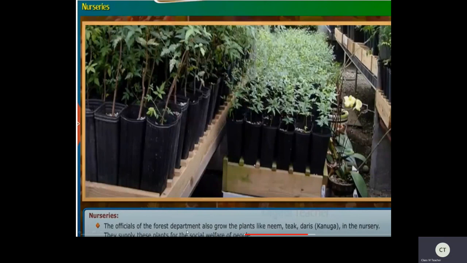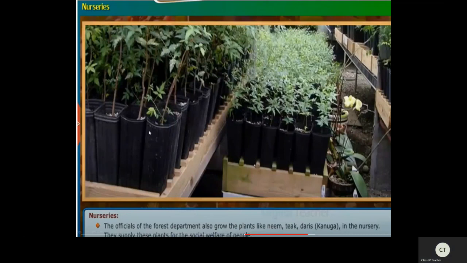The officials of the forest department also grow plants like neem, teak, and daris. Daris is nothing but kanuga. It gives shade and air, which is good for us, in the nurseries. And they supply these plants for the social welfare of animals and also for people, okay. So animals, birds, human beings, and different insects and organisms need plants, right?